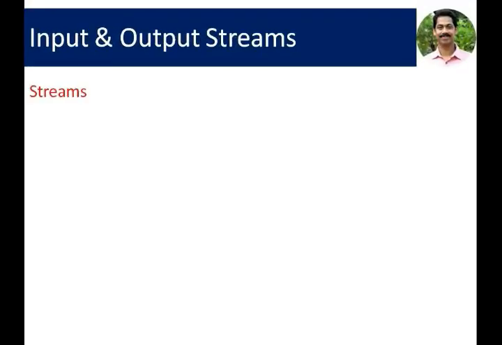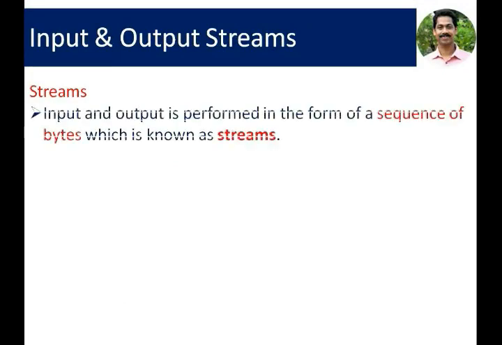Next is input-output streams. So what is a stream? Input and output is performed in the form of a sequence of bytes, which is known as streams. A sequence of bytes treated for input and output are called streams.